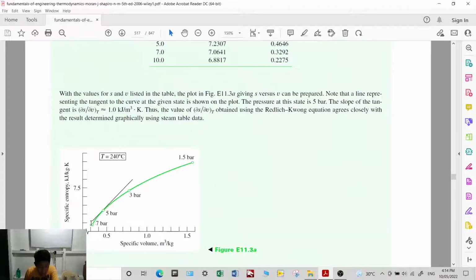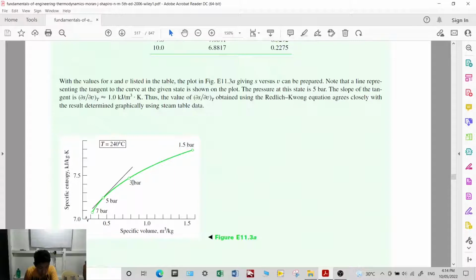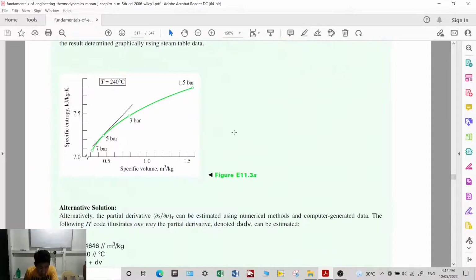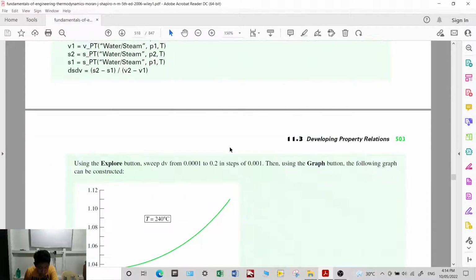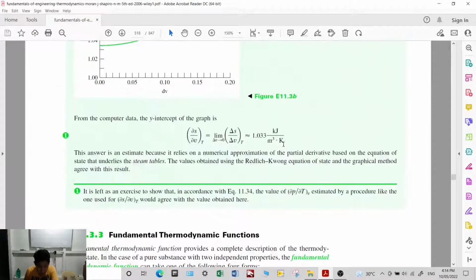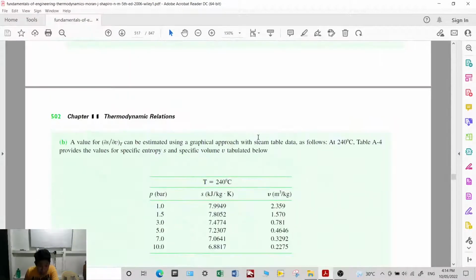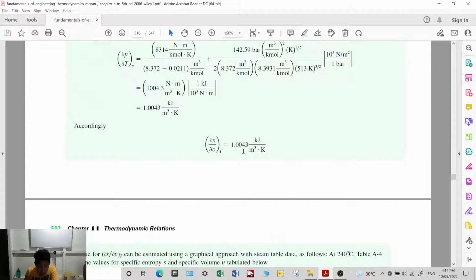So, at 5 bar you get the slope. And the value of this slope, based on this one, is 1.033. 1.033. So what was the other one? 1.0043.